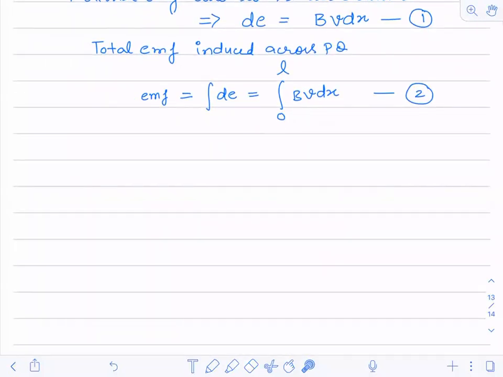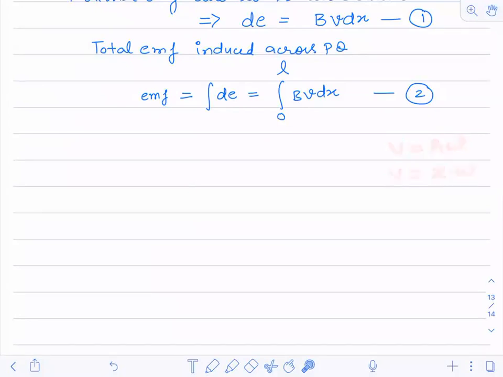Now, what value of velocity can you write? Can I write it as omega into x? Yesterday I told you that velocity is written as r into omega. Now over here I can write x into omega.